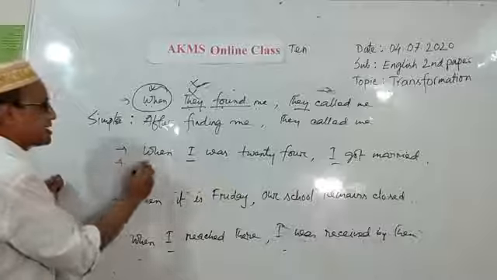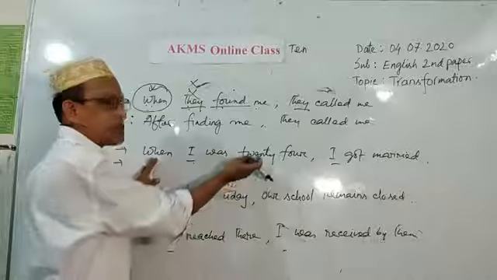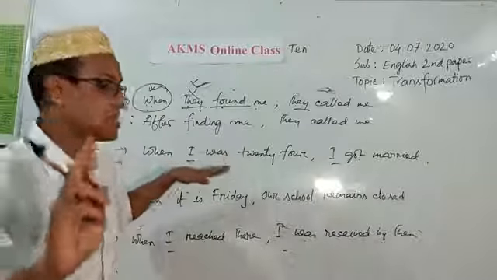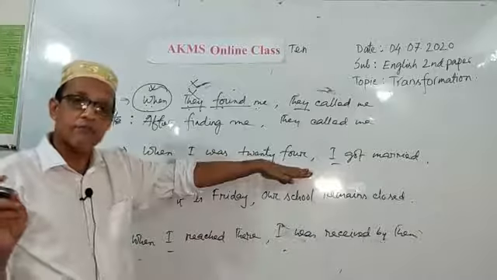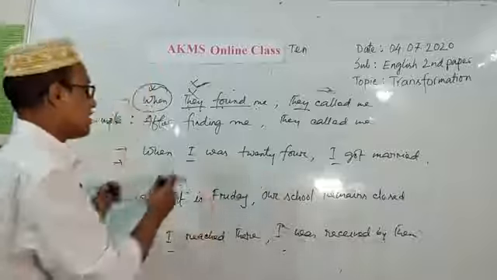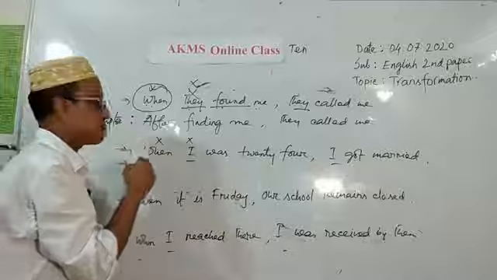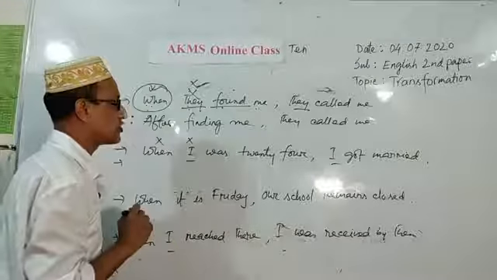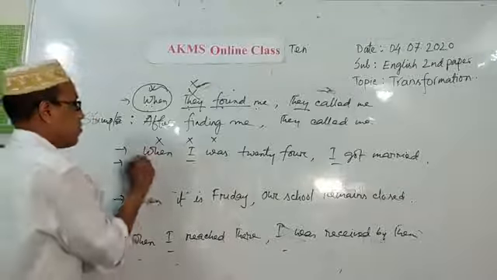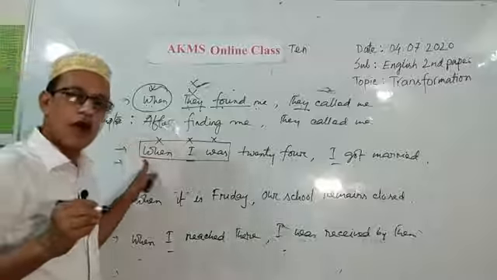The second sentence, when I was 24. Here, when indicates my age. You should identify what type of time when is indicating. Then I will erase when, I will erase the first subject, the subject of the subordinate clause. Then I will erase the verb. What can I use instead of when?